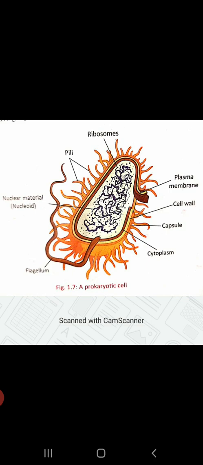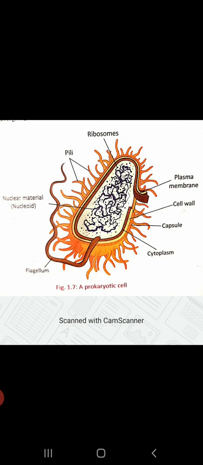Can you see the cell organelles, endoplasmic reticulum, mitochondria, Golgi bodies? No. So, a prokaryotic cell is basically a cell that lacks nuclear membrane around their genetic material, that is DNA.